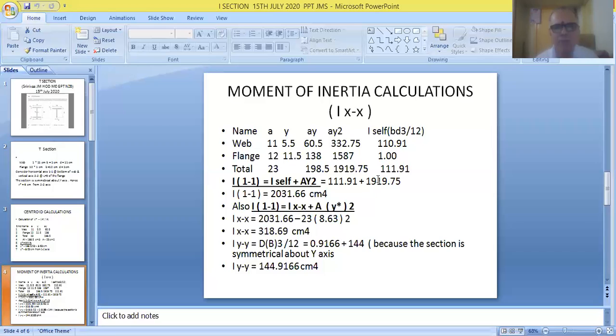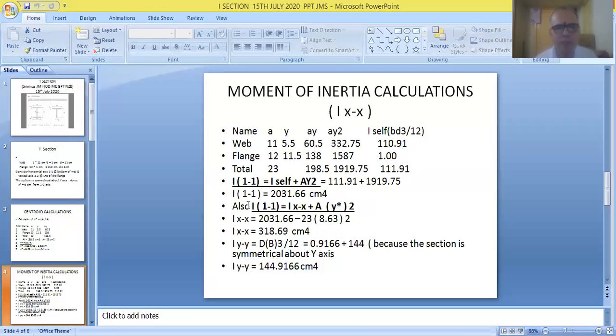So total I self is obtained as 111.91. Total AY square is obtained as 1919.75. So add up these values, you get the value of I11.